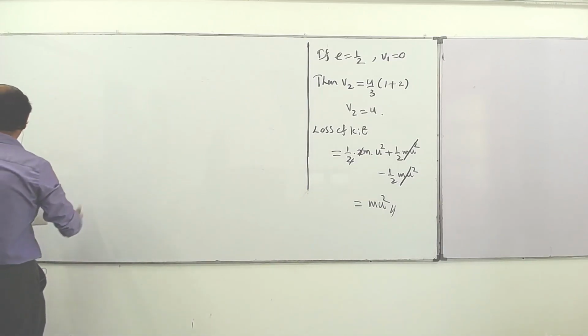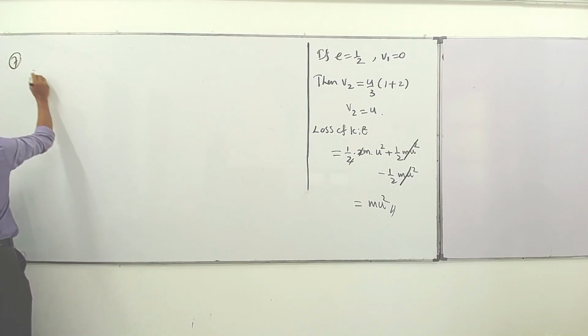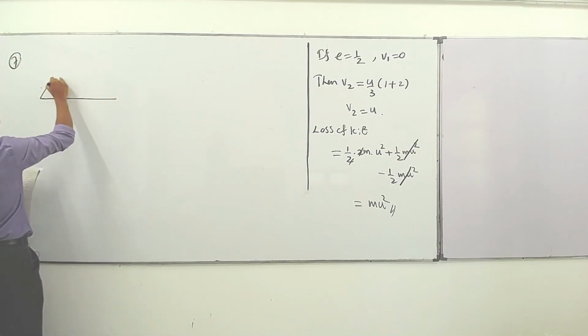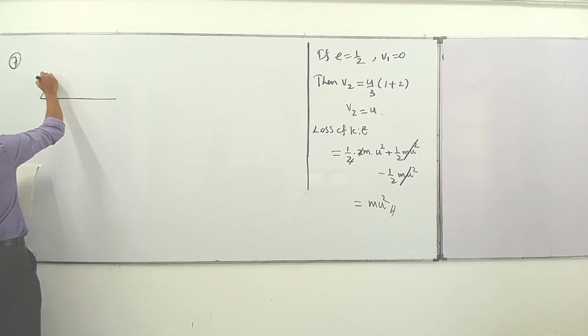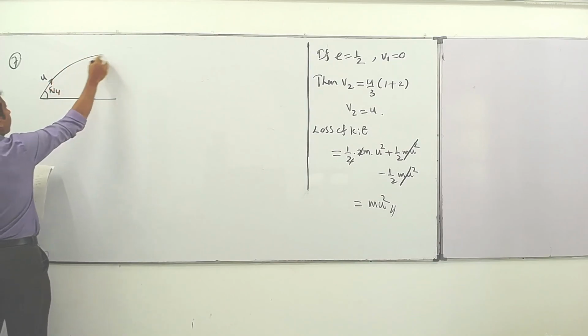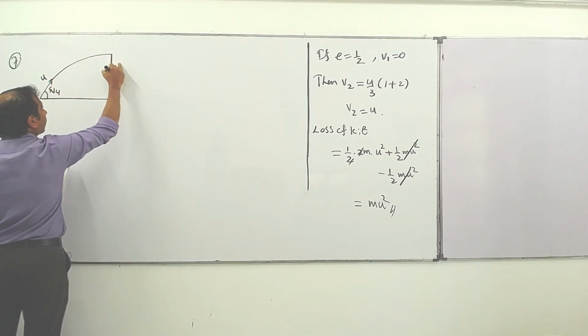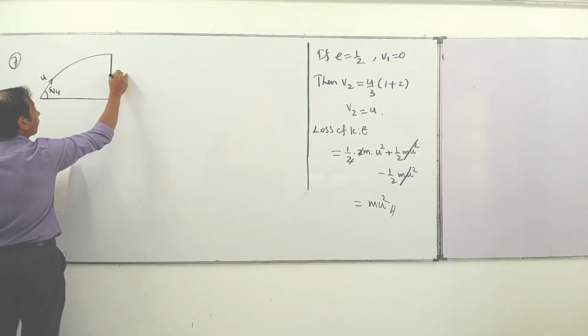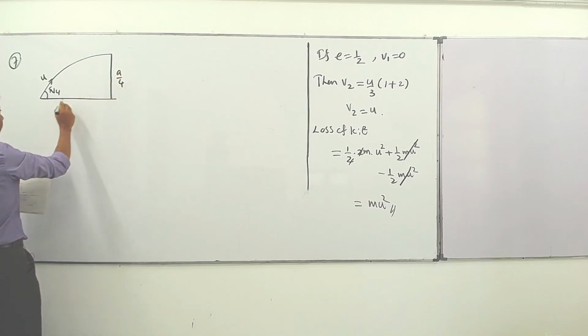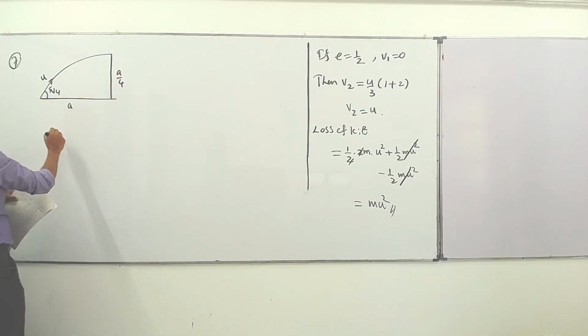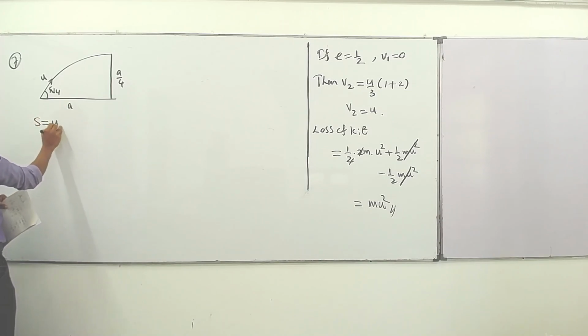The pole height is a by 4, and this is a. Now we can apply s equals ut rightward for this motion.